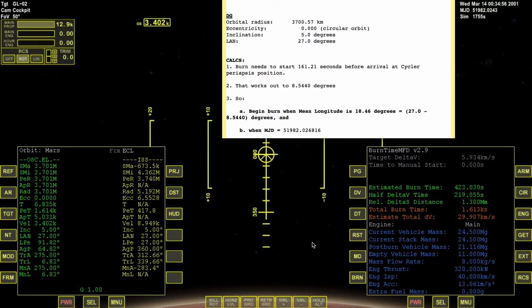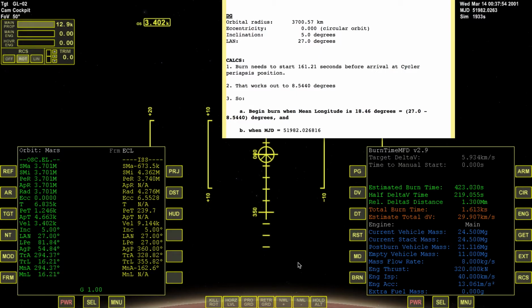Okay, so let's just do a little bit of time warp. 10x. This is to be done fairly precisely, so I'm just going to concentrate on getting this right, and I'm going to do my usual trick of coming down to 0.1 time warp for the last little bit, just so that I can get the final digits on the start of the burn correct.